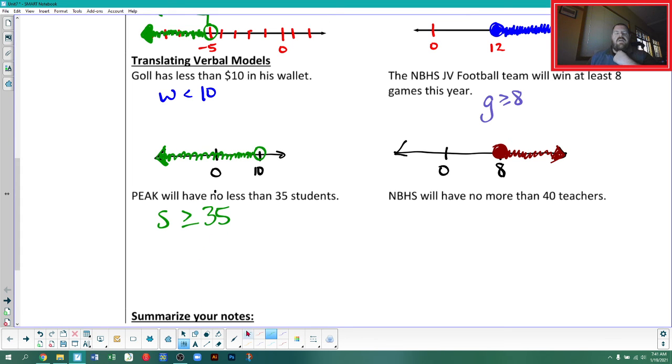So we call that greater than or equal to. Need to know where 0 is, need to know where 35 is. We've got those two things. We are good to go. 35 is a solution, so we fill in the circle. And then we shade where there's more than 35, and that's always to the right. More things happen to the right.